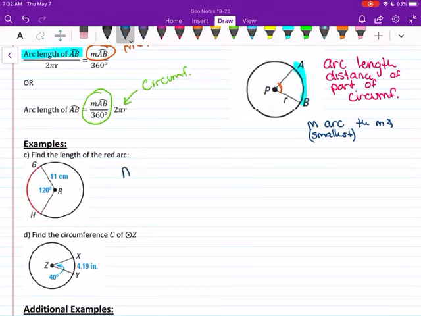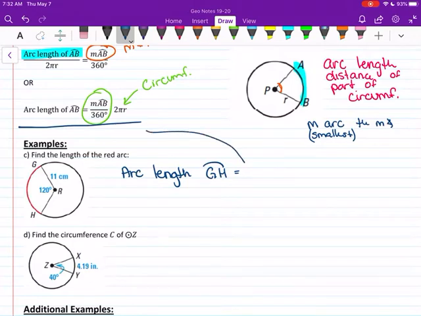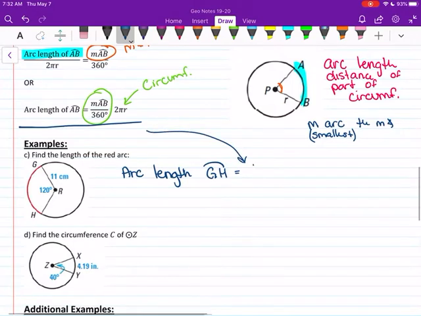So arc length GH is going to equal, I'm going to use my second formula here, the measure of arc GH, remember that's the angle, divided by 360 degrees times 2 pi r. So let's go in and fill in the pieces.